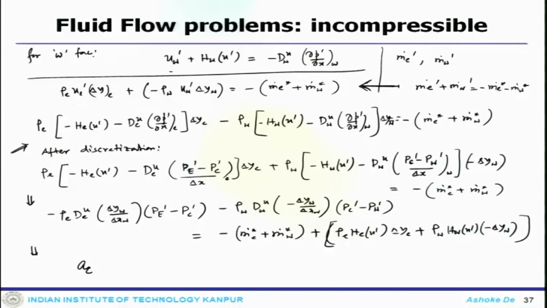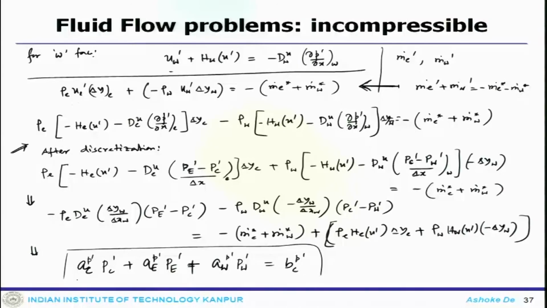a c p c prime plus a e p e prime plus a w p w prime equals b c prime.